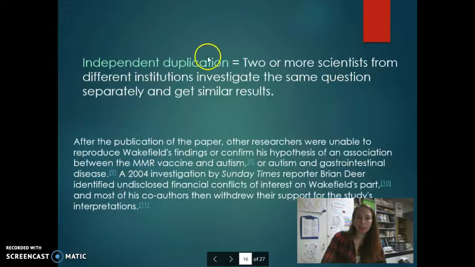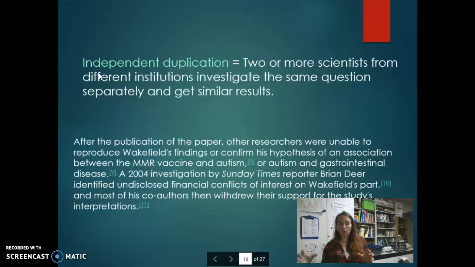So independent duplication. Right here up at the top, independent. What does that mean? Independent means that you do things by yourself. You do things on your own. To duplicate something means that you are recreating the original thing. So I have 2 sweaters and I want to knit a 3rd sweater that is like my first 2 sweaters.